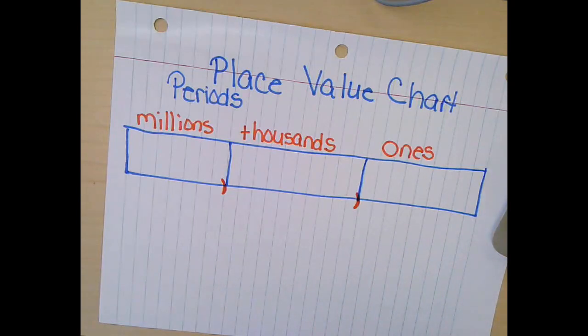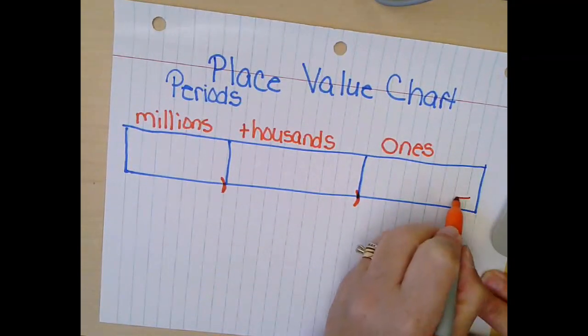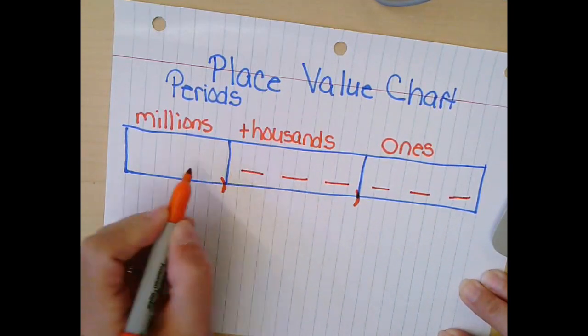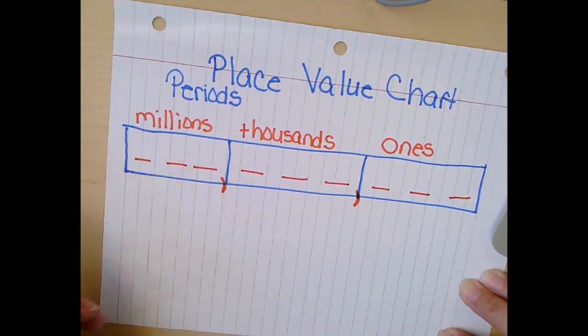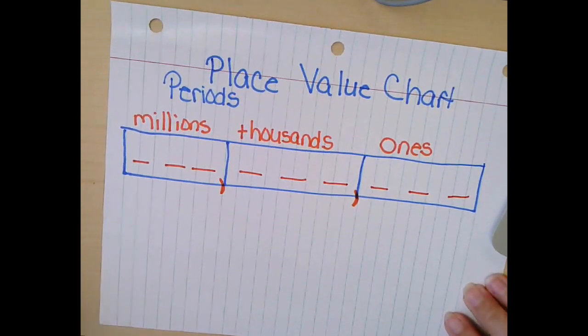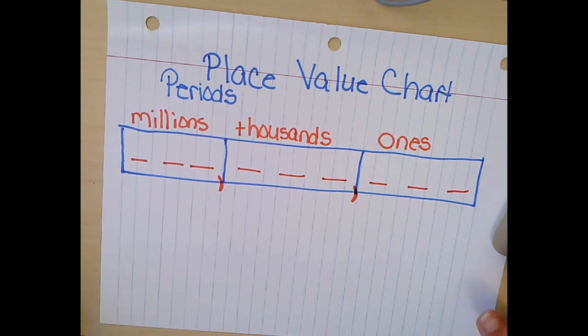Now within our chart, within our different periods, I want you to draw 3 lines. And we're going to give those names. The easiest way that I have found for you to remember that is just to begin with a pattern.